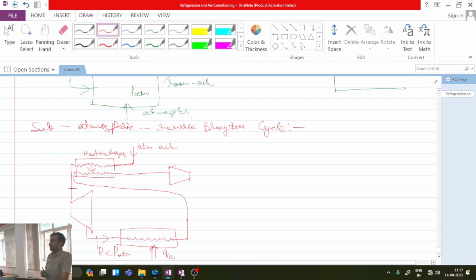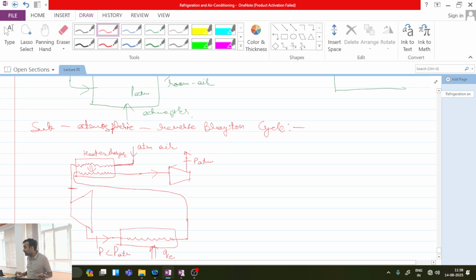Now its pressure was lower than the pressure of the atmosphere, so it will not directly go into the ambient condition. In order to dump it into the ambient condition, I have to increase its pressure again to atmospheric pressure. So this compressor will be increasing the pressure to P atm, and again it will be dumping this air into the atmosphere.